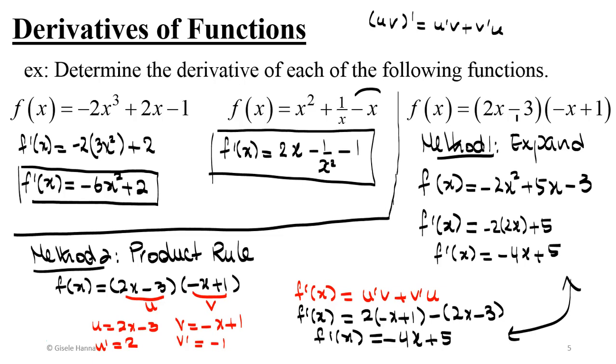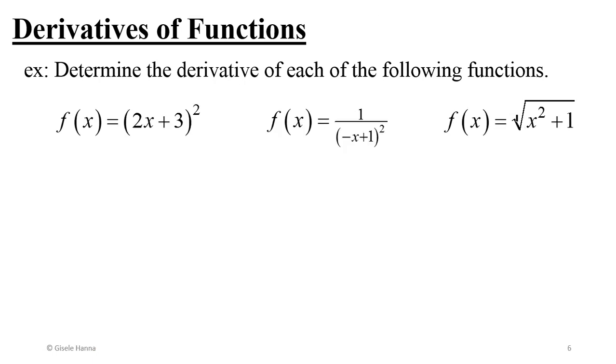So we're going to see in the next exercise that sometimes we cannot escape the product rule. So over here, if we look at this example, we have f of x equals 2x plus 3 all squared.